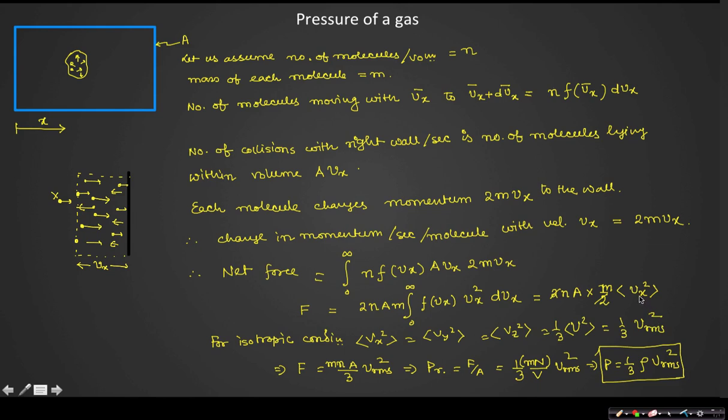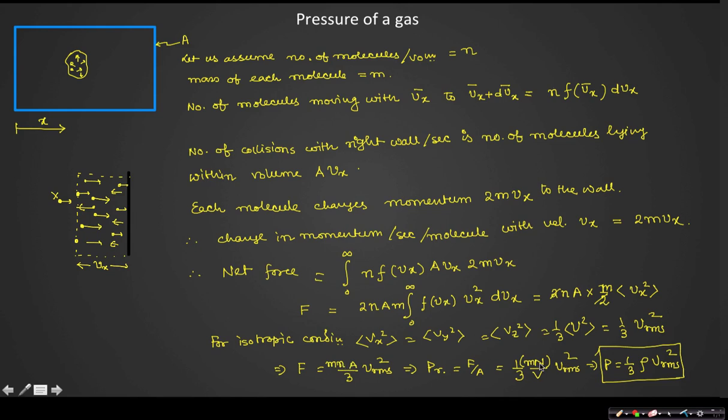So now I can substitute it here, and I find that it is mnA by 3 into Vrms square. Now m into n is the mass into the number of molecules, and n is the number of molecules per unit volume.